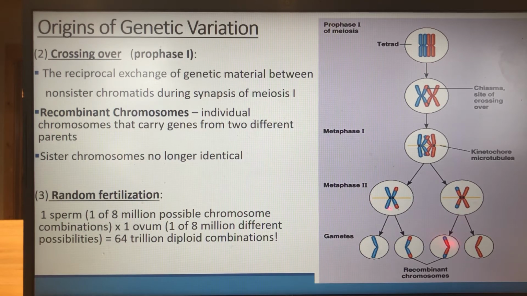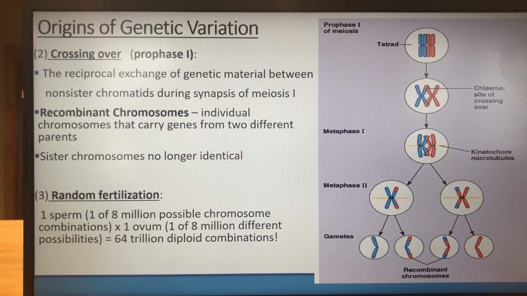Now they're no longer identical, because this sister chromatid's got a little bit of mama and this sister chromatid's got a little bit of papa. So crossing over also allows for a different combination, and once crossover has occurred, we call them recombinant chromosomes. Again, we talk about that a ton in the lab.